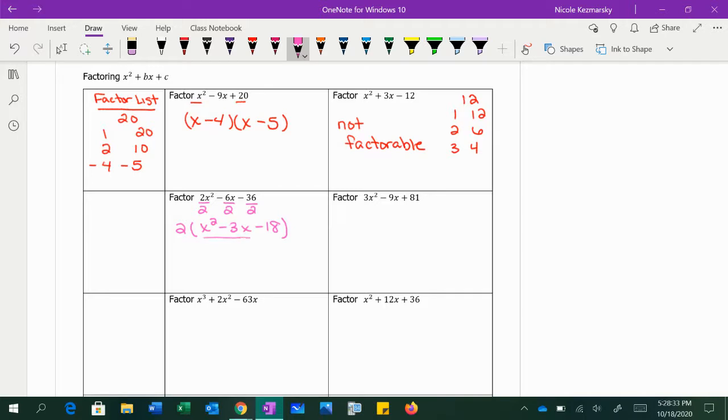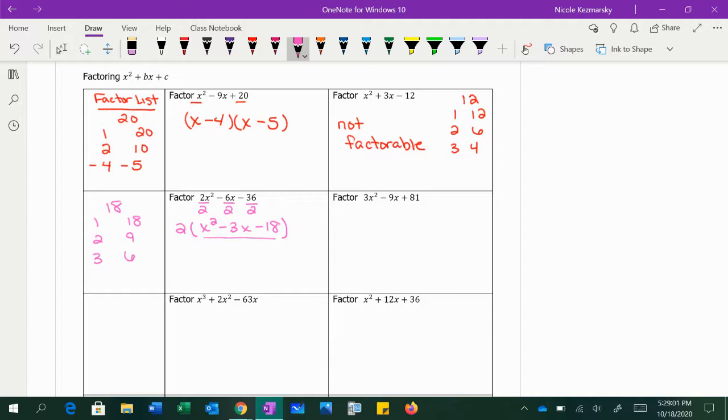Now I'm going to look just inside the parentheses, and I'm going to do a factor list on 18. So 18 is 1 and 18, 2 and 9, 3 and 6. I want a factor pair that's going to get me a negative 3. 1 and 18 are too far apart. 2 plus 9 gets me 11. 2 minus 9 gets me negative 7, so that's too big.